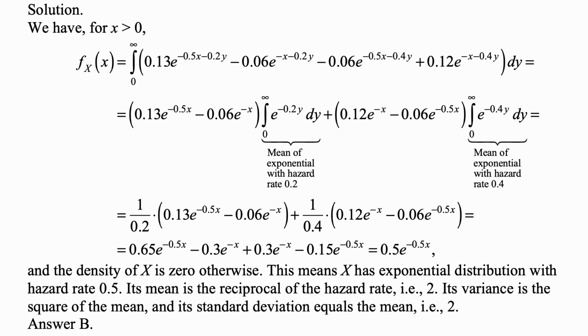And for the next expression, we could put negative 0.06 times e to the minus x also in front. But then e to the minus 0.2y is common to both of them, so we can combine those terms and simply have the first two terms equal to 0.13 e to the minus 0.5x minus 0.06 e to the minus x, the whole quantity multiplied.